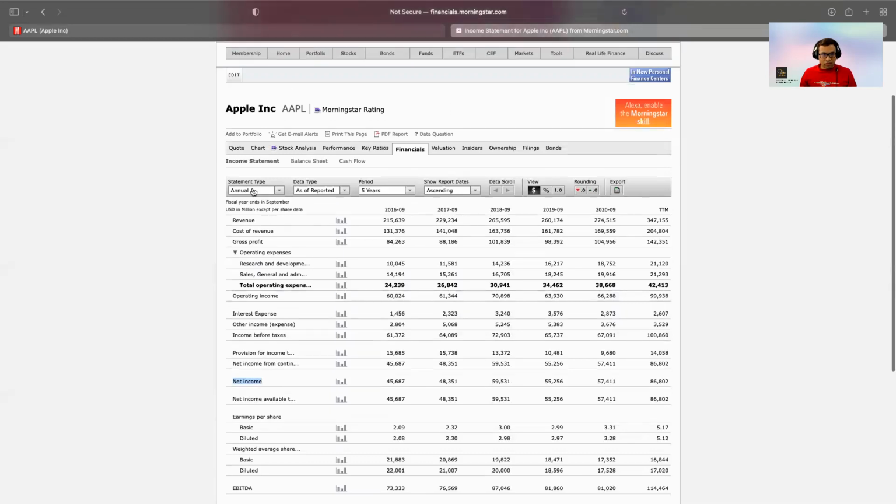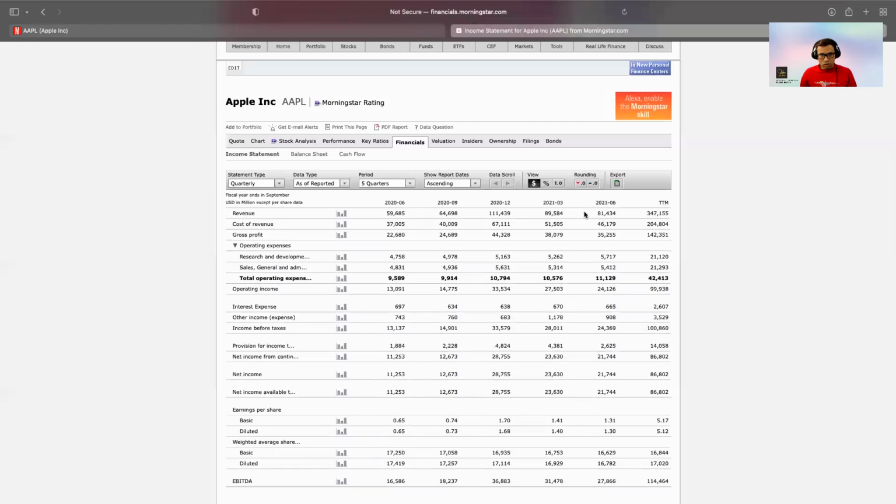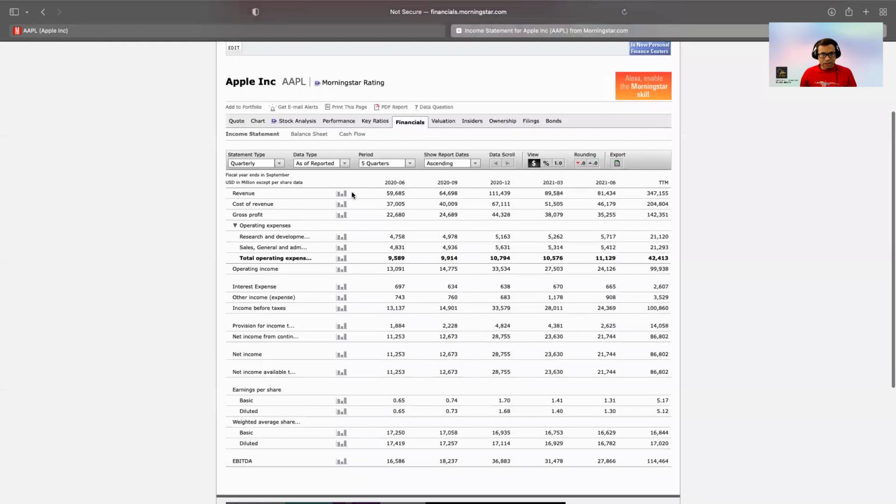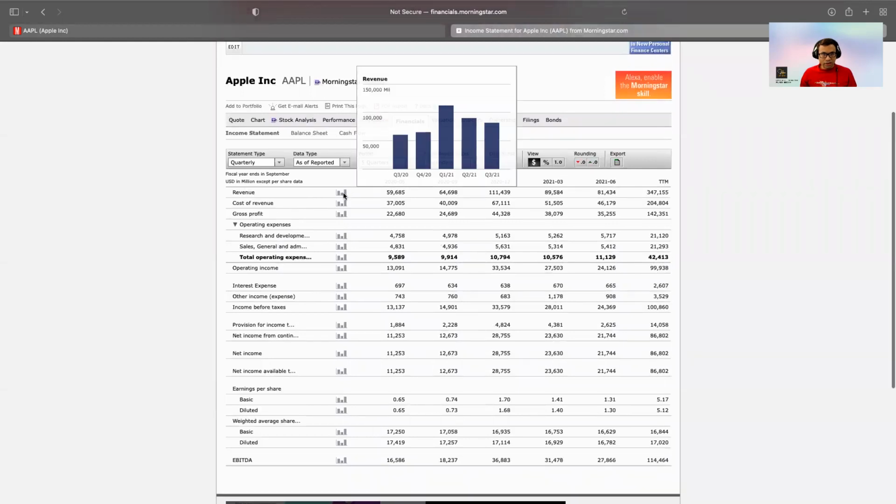Okay, you can put here annual and quarterly. This is quarterly, which means if you change to quarterly, they break it down every 3 months. Then you can click here, there's a graph.